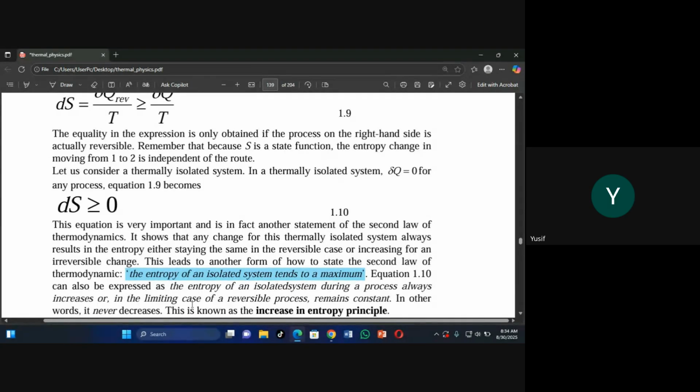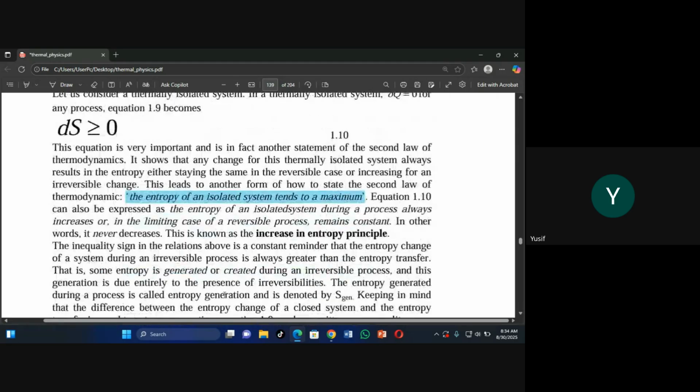Now, equation 1.10 can also be expressed as: the entropy of an isolated system during a process always increases or, in the limiting case of a reversible process, remains constant. In other words, it never decreases. This is known as the increase in entropy principle.